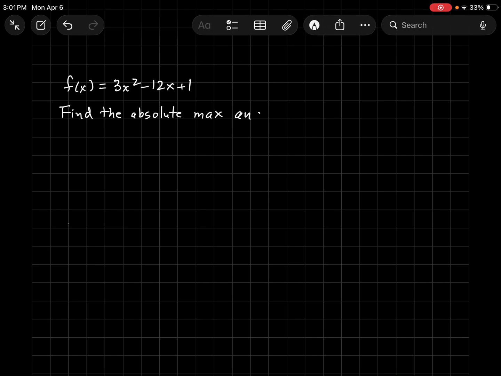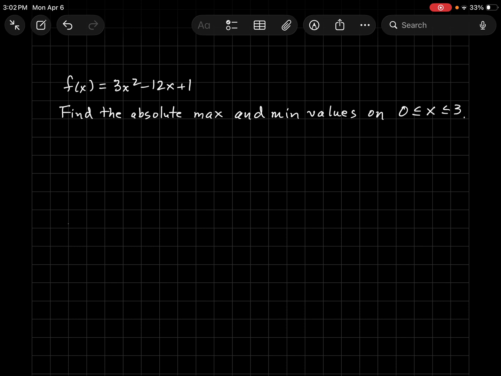And I'll abbreviate max and min. And let's say we have the interval, let's make it 0 to 3. Since f of x is a polynomial, I know that f is continuous on any interval.